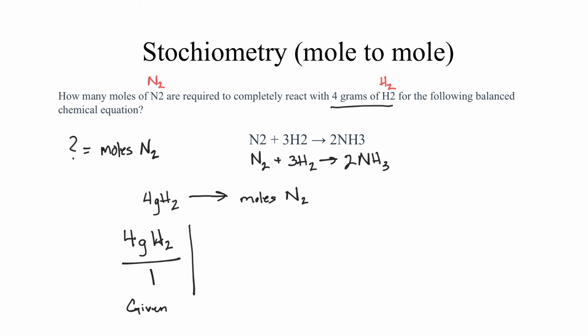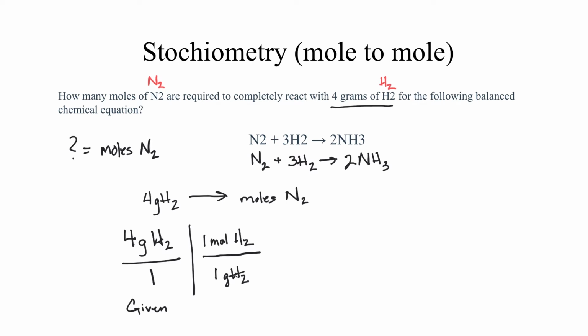So we know that 1 mole of H2 is equal to 1 gram of H2, right? And so notice how I set this up. We're trying to get from grams to moles.